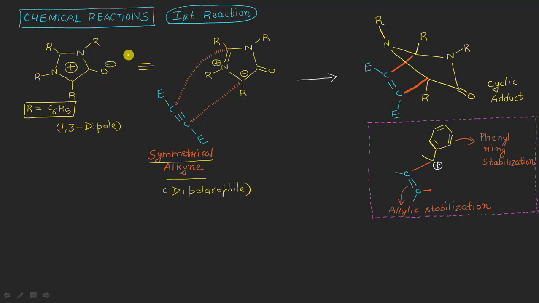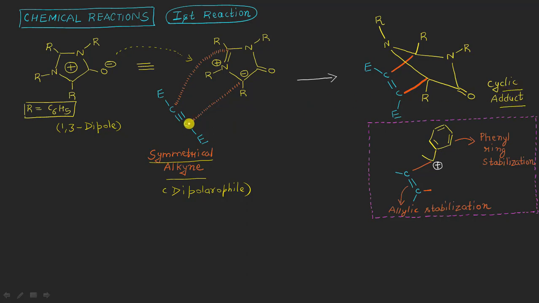On this slide, I have first converted this into an equivalent structure, which will be in this way. It interacts with this symmetrical alkyne, resulting in the formation of a transition state, such that now we can show a cyclic adduct formation in this way.